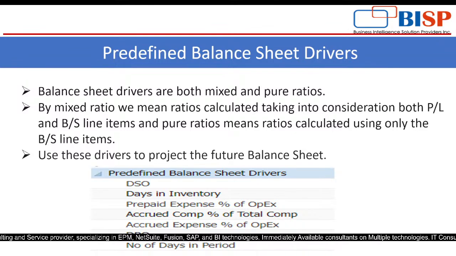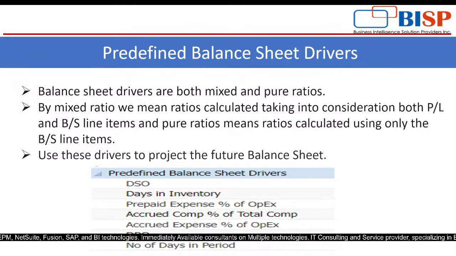Now, as we can see in the image below, the predefined balance sheet drivers are daily sales outstanding, which is termed here as DSO, then days in inventory. The third one is prepaid expense percentage of operating expense. Fourth one is accrued compensation percent of total compensation.